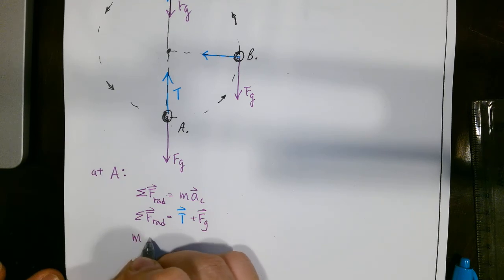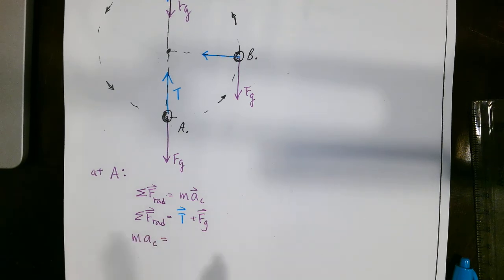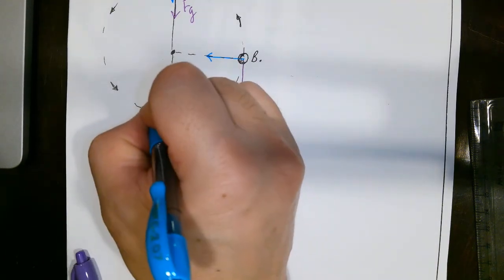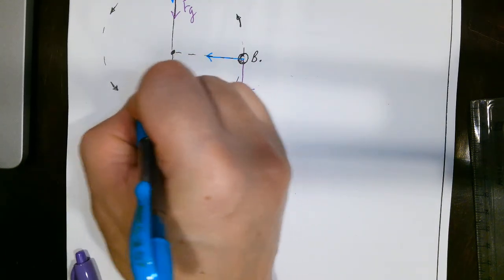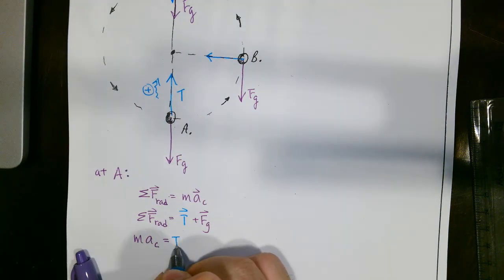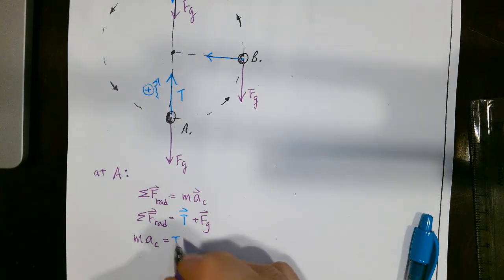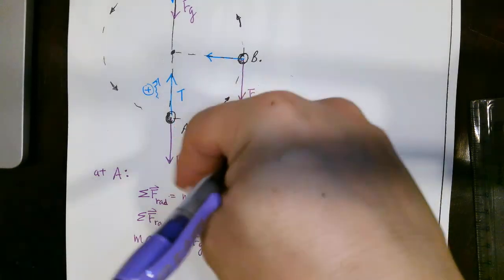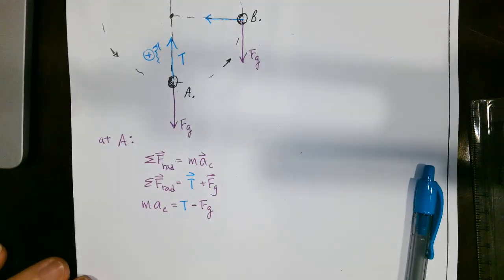So m a c is equal to, in this case, at the bottom at point A, in towards the center is the positive direction, so my tension stays positive, but my Fg becomes negative because it's going out of the circle. Okay?